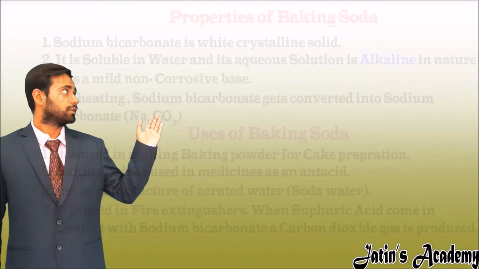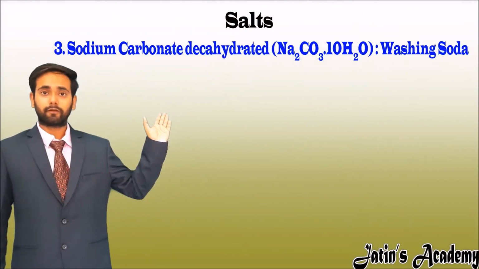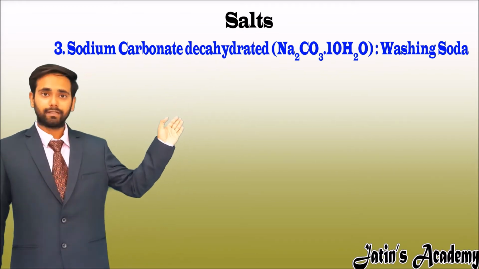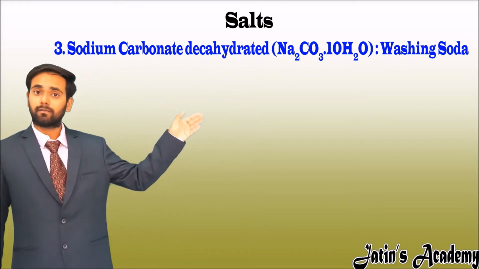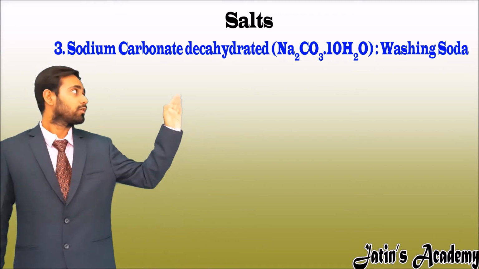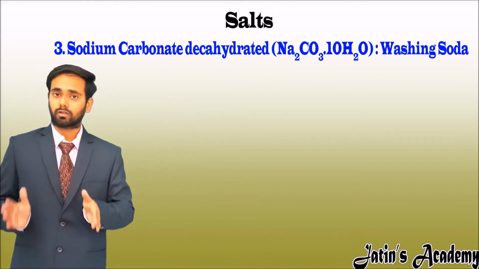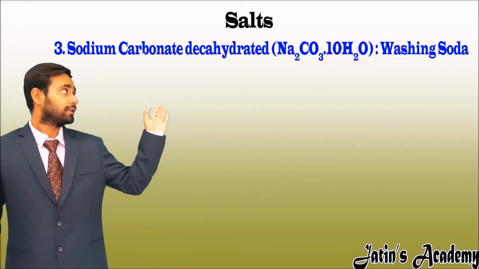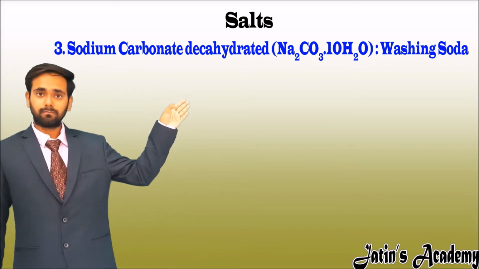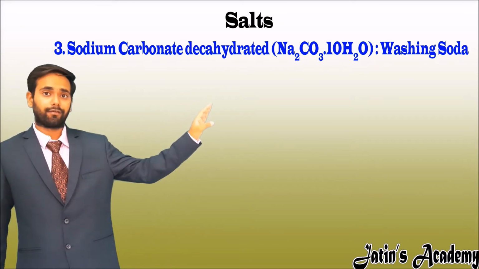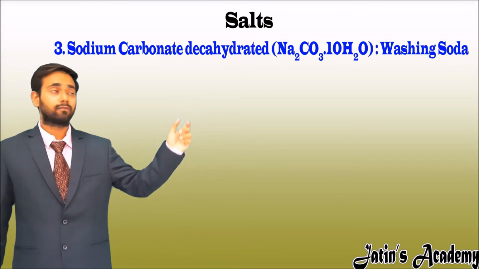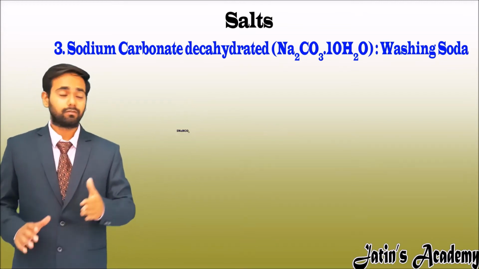Our next salt is washing soda. The formula is Na2CO3.10H2O. These 10 molecules of water are nothing but the water of crystallization. The name is sodium carbonate decahydrate. Deca means 10. Now, what is the preparation?